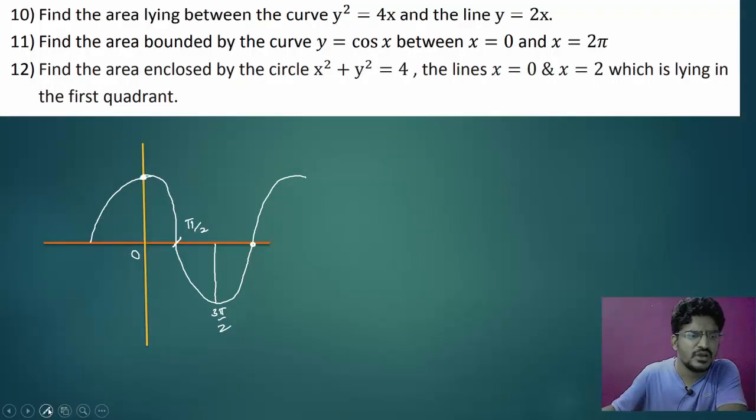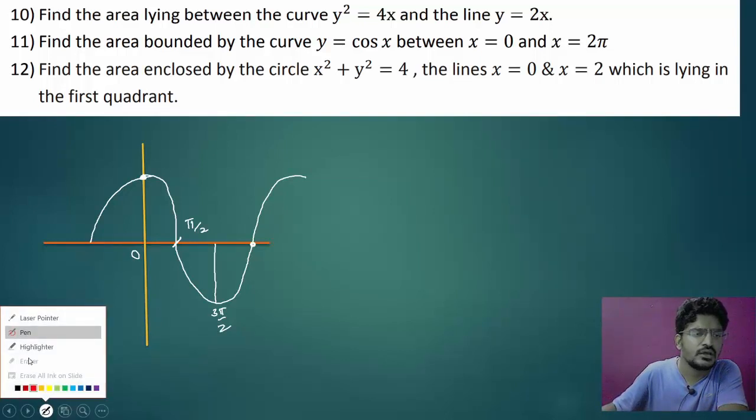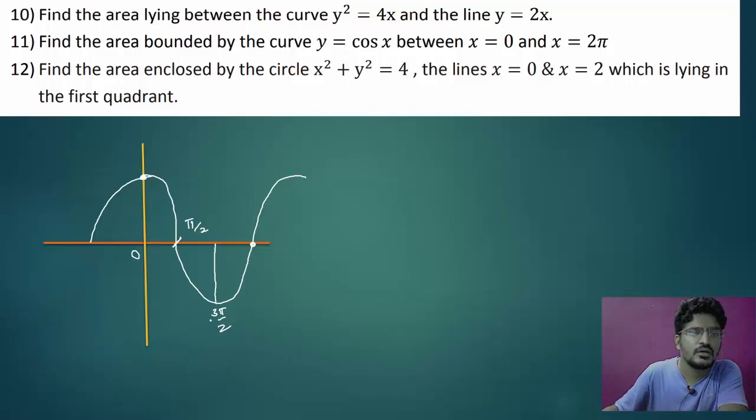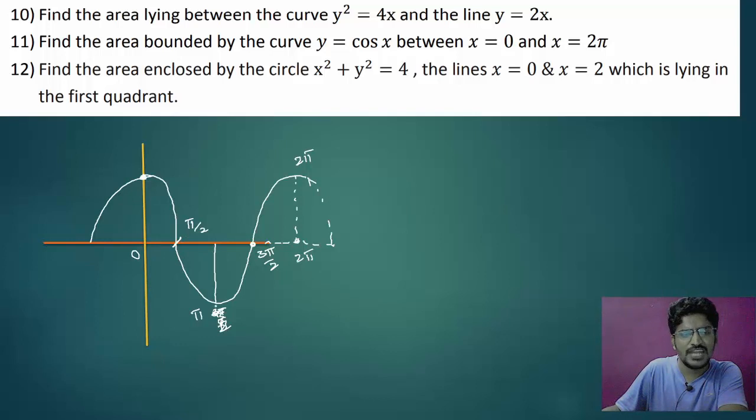Okay, this will be pi by 2, and this is going to be pi, this is going to be 3 pi by 2, and this peak is going to be 2 pi. Clear? So at 0 it is 1, at pi by 2 it is 0, at pi it is -1, at 3 pi by 2 it is 0, at 2 pi again it is going to be +1.